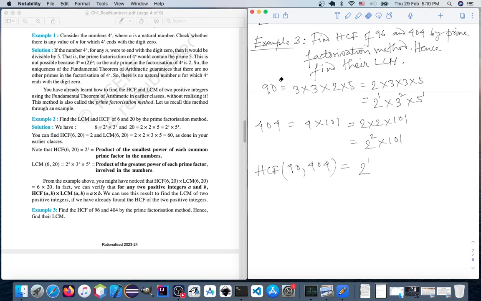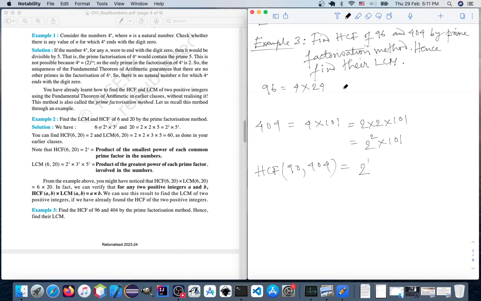Okay, so we have to prime factorize 96. The whole thing is wrong, my bad. I'm sorry. So 96. What is 96? 4 into 24.